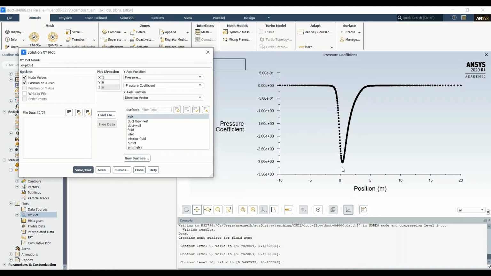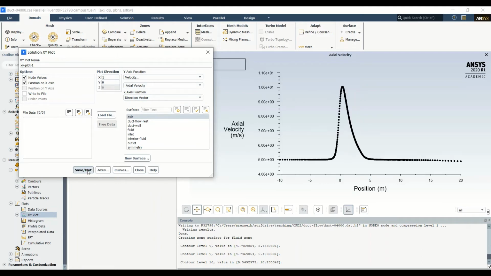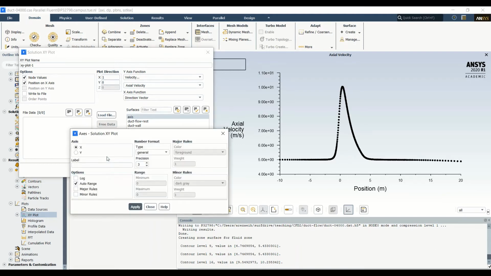Here is the region where the duct is located, so you have a high pressure drop. And then if you look at the axial velocity, then you see that we have the acceleration of flow. We can limit the axis a bit.